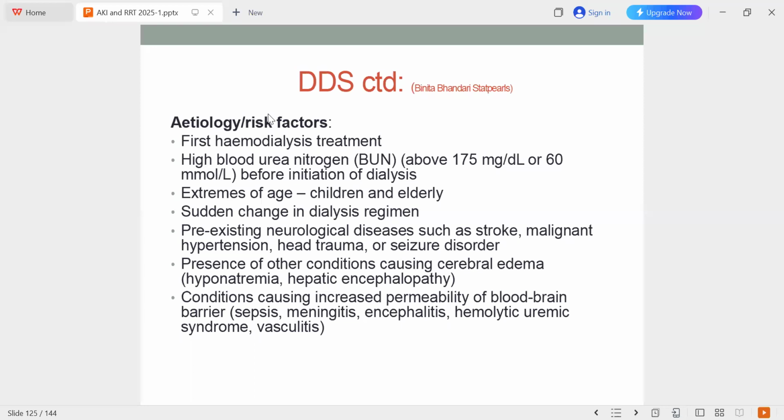Pre-existing neurological diseases such as stroke, malignant hypertension, head trauma, or seizure disorder. Presence of other conditions that can cause cerebral edema, like hyponatremia or patients with hepatic encephalopathy. Other conditions causing increased permeability of the BBB, the blood-brain barrier, for instance, sepsis, meningitis, and what have you.